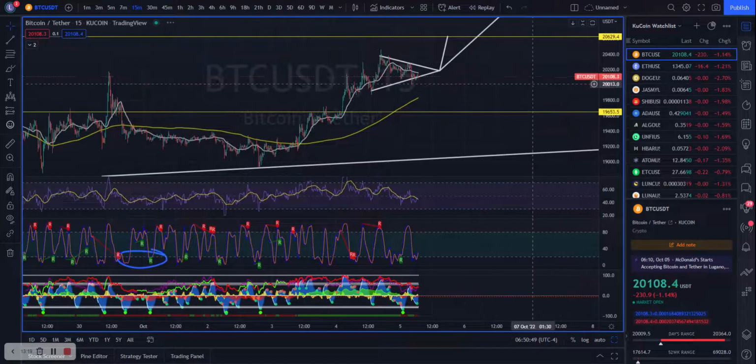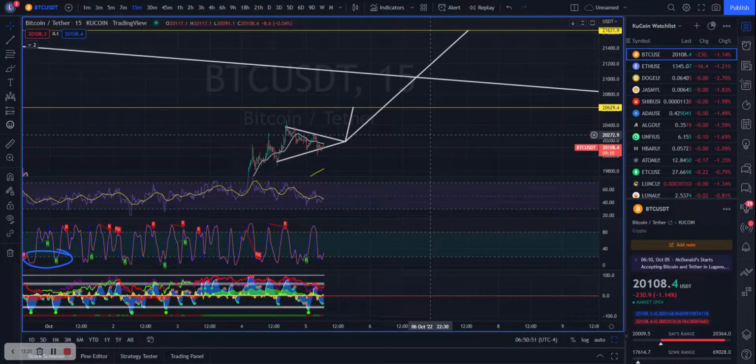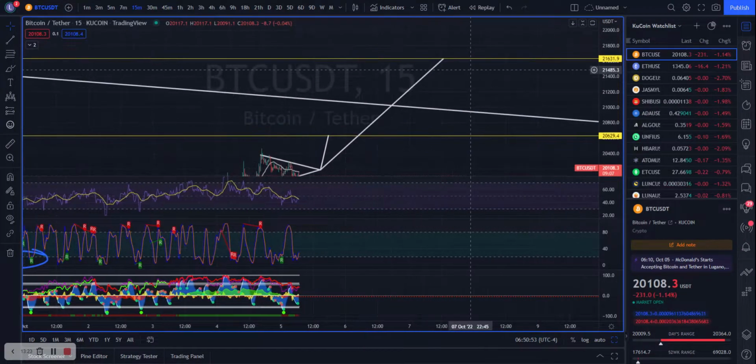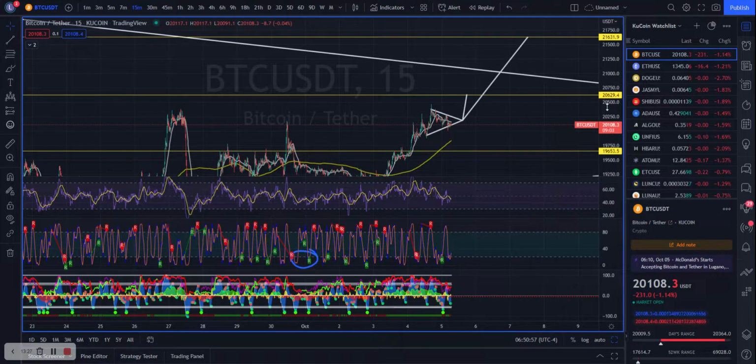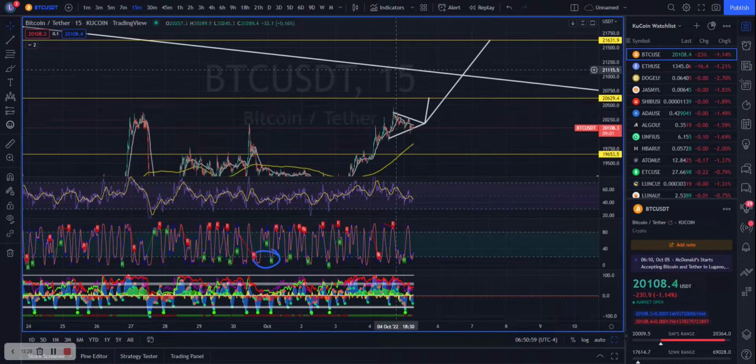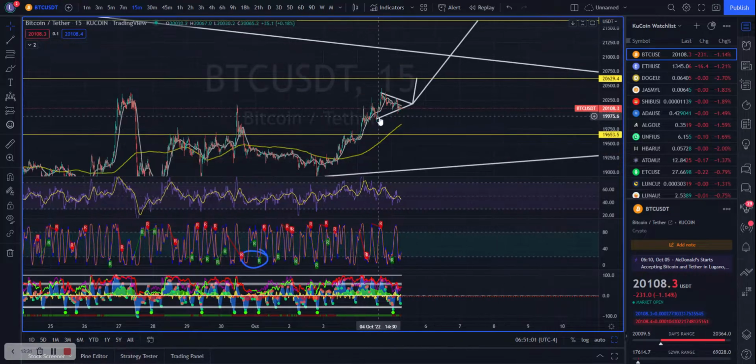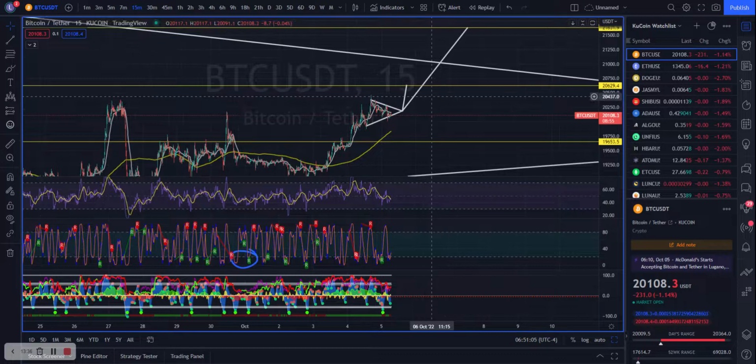So 20,600 conservative, 21,600 is more, I would say, risky, but this is likely to happen if we become really bullish at this moment and there's a lot of buy pressure or shorts in the market get squeezed out. There could be a lot of momentum to the upside.